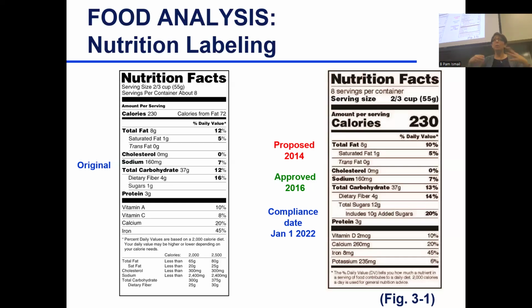But if we look at components, what do you see other than added sugar that was different? Go ahead, Alexander. So yes, two things in the vitamins and minerals section. Vitamin D was added. It used to be vitamin A and C, but deficiencies in vitamin D over the years became an issue.